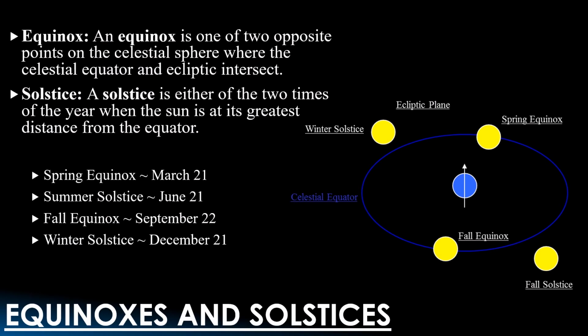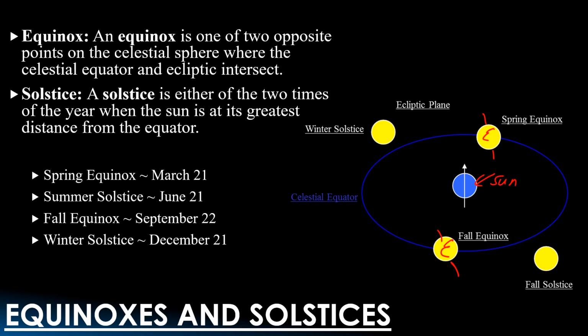So just keeping in mind, the equinox is one of two opposite points. I'm going to label these as E. So that's an equinox, that's an equinox, on the celestial sphere where the celestial equator and ecliptic intersect. In other words, where the axis is neither pointing towards or away from the sun.